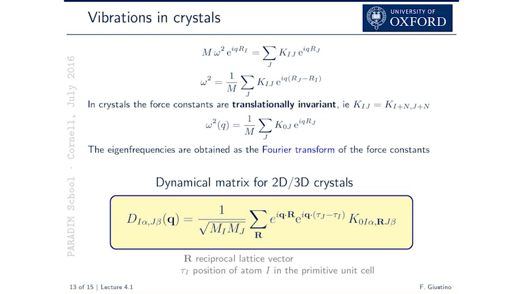Typically what people do is use capital R to indicate the unit cell, and then lowercase tau to indicate the position of the atom in each unit cell. That's a standard expression. So from this step to this step, there is nothing new.